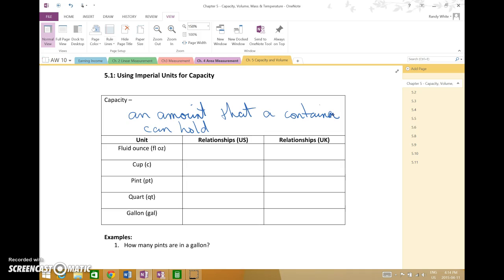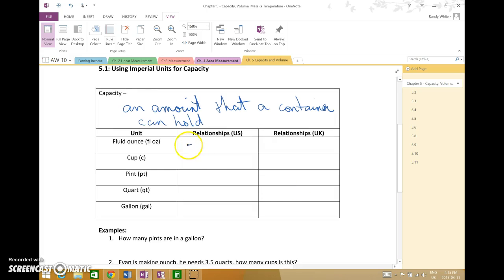So we're going to take a look at some of the other types of measurement that we can use, that you'll hear sometimes. First one being a fluid ounce. So instead of milliliters, we used to get everything in fluid ounces. And 1 fluid ounce is basically 2 tablespoons. So if you took 2 tablespoons of water, you would have 1 fluid ounce.